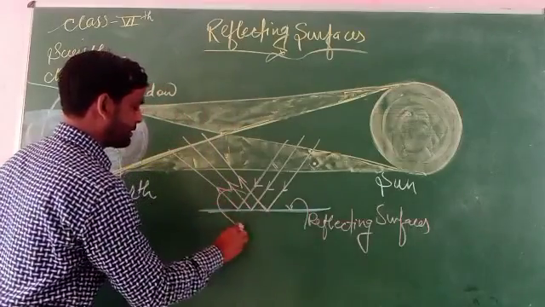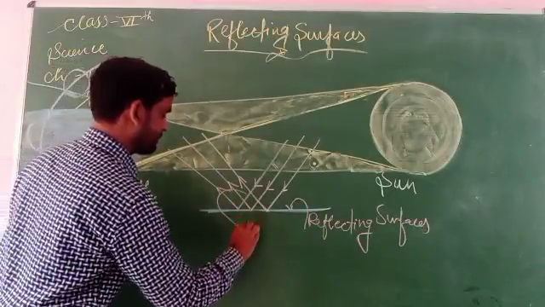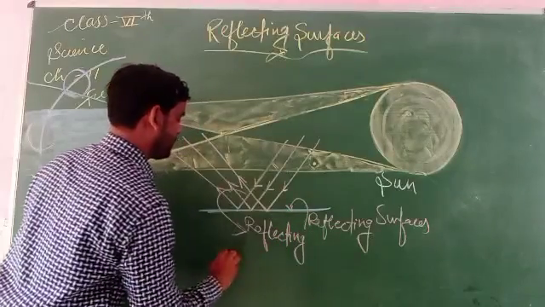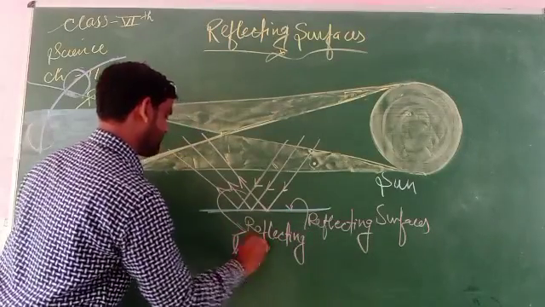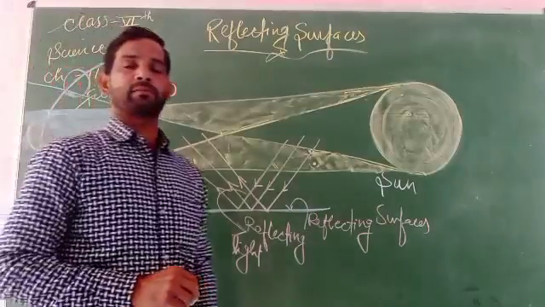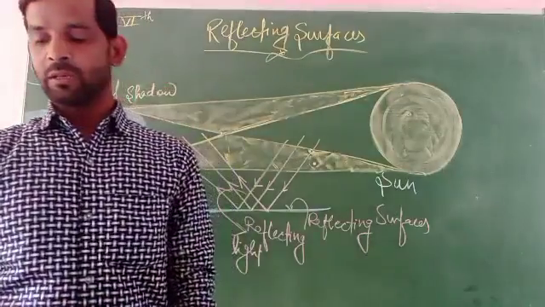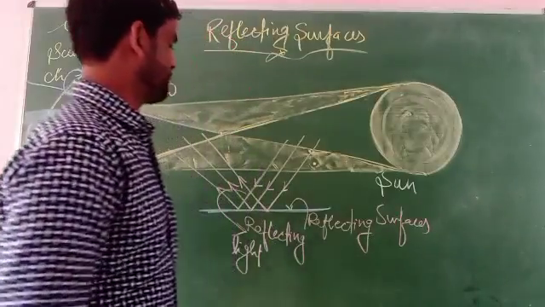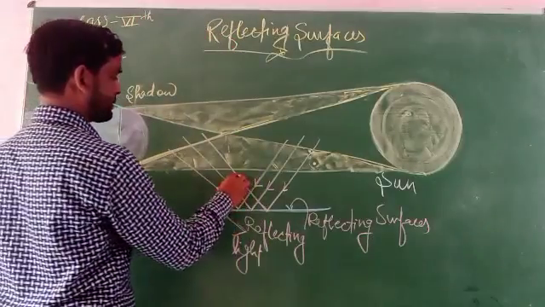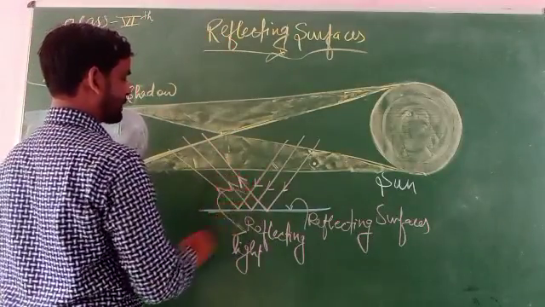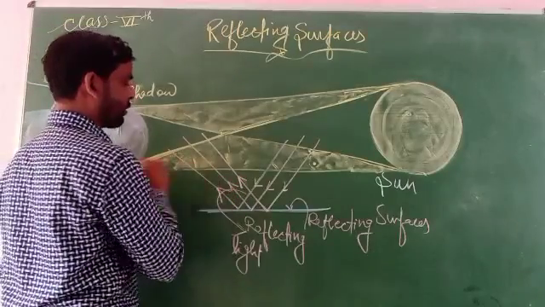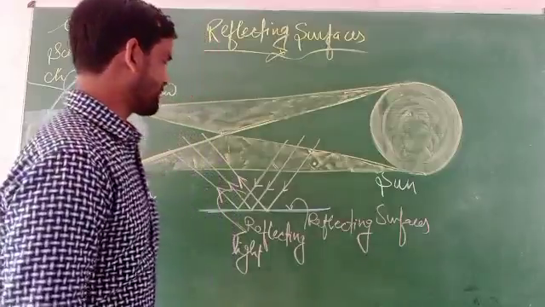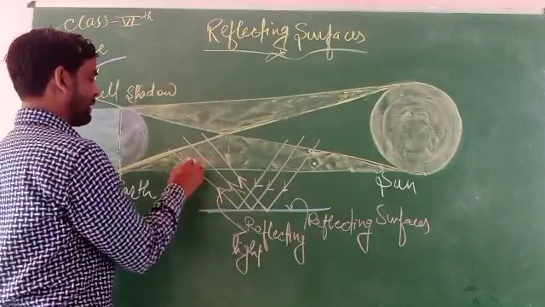And this light is termed reflecting light. These are all the places from where the light can move back or be reflected. So the reflection of light takes place, and this is termed reflecting light. Why?